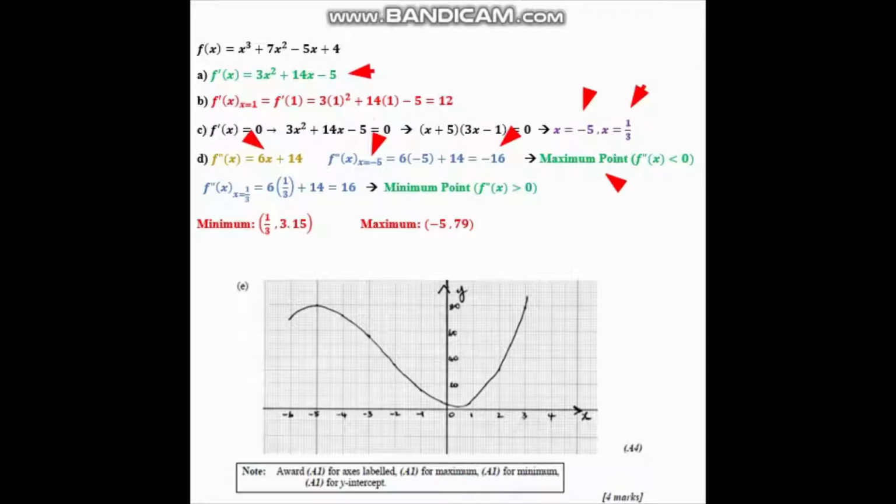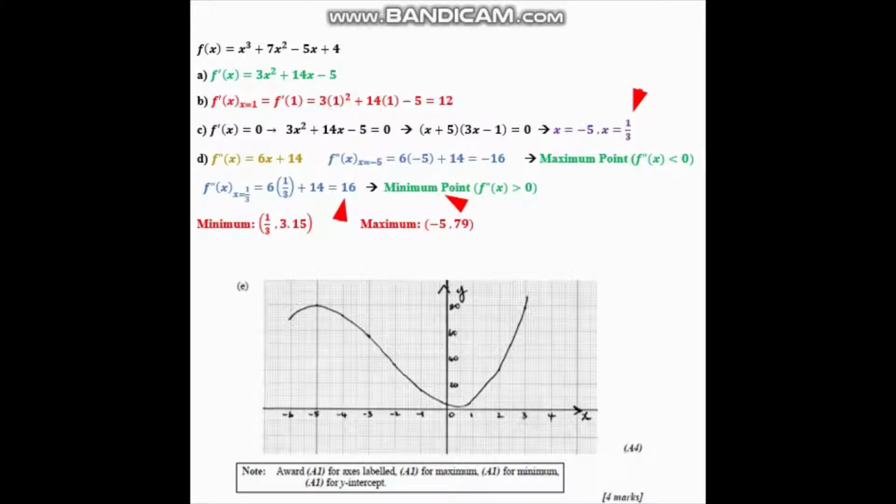And since when x equals +1/3, f double dash was equal to 16, I should know that this is the minimum point. So the way to distinguish between maximum and minimum is by using f double dash of x. If f double dash of x is positive, then this is a minimum point. If it is negative, then this is a maximum point.